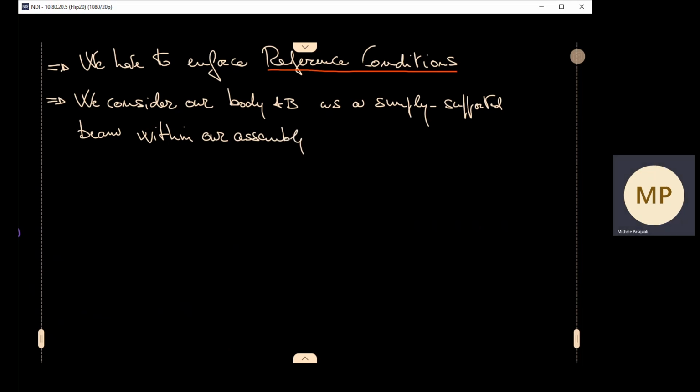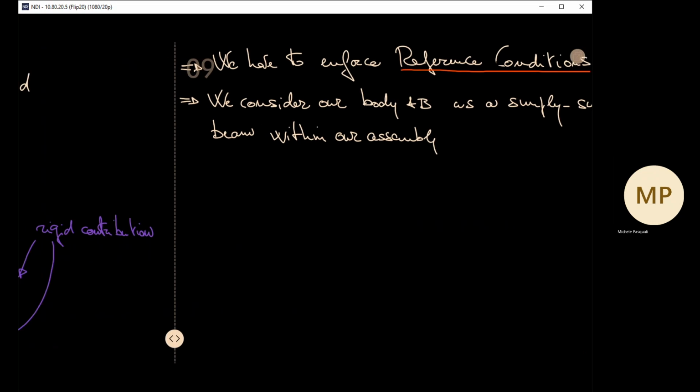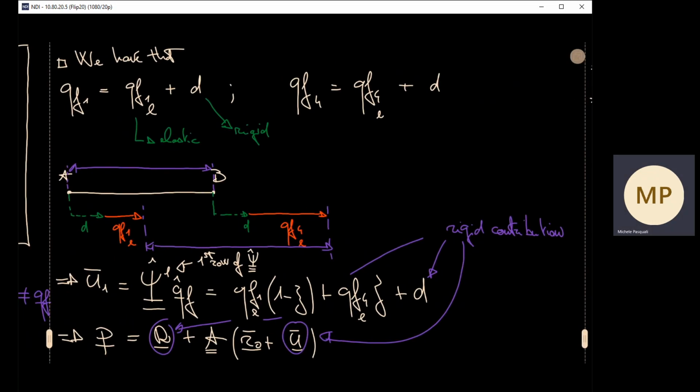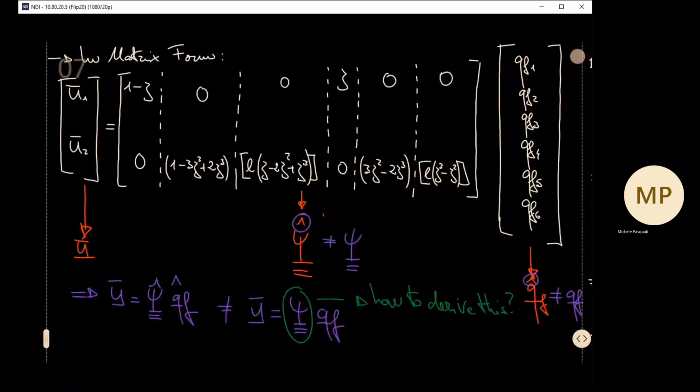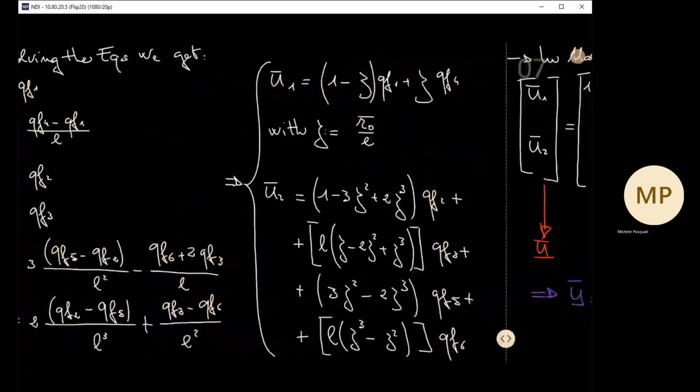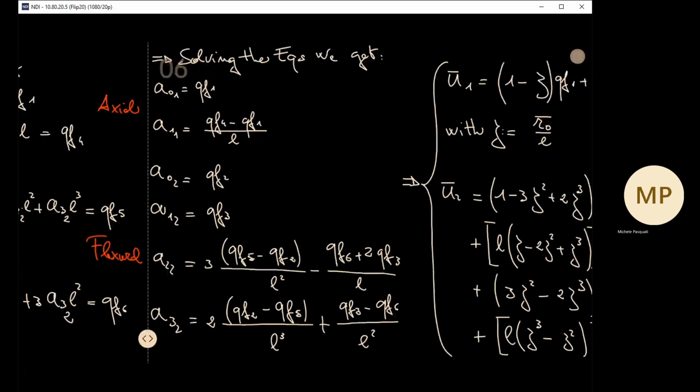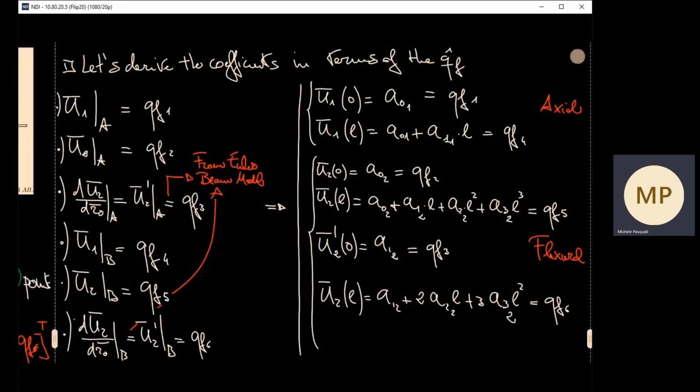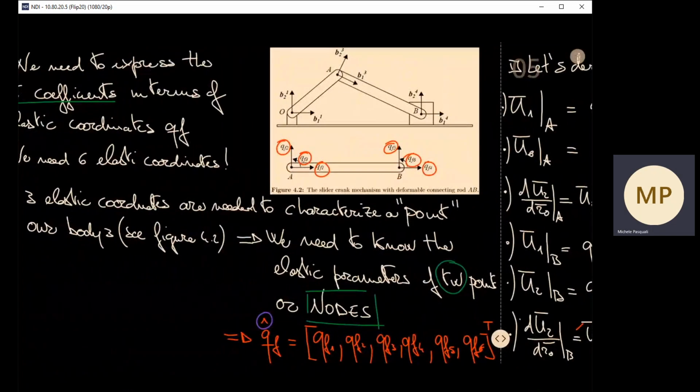Okay, why a simply supported beam? Well, if you go and check again our picture, you see this is basically like a simply supported beam. Why? Because if you consider your body within the assembly, so the relationship between the body and the assembly, you have that this one is a hinge.